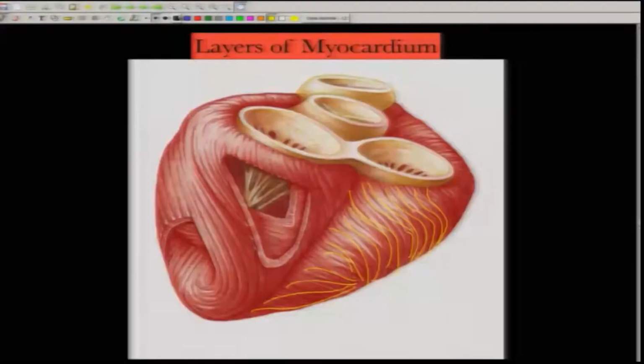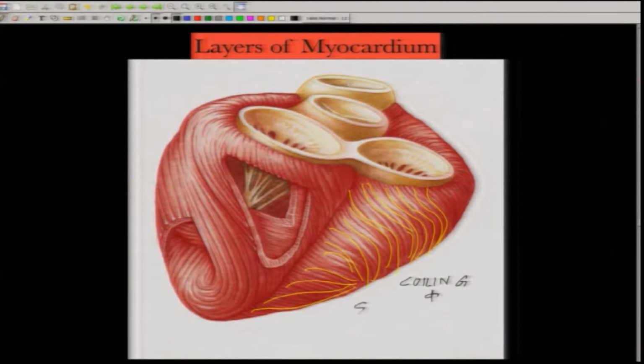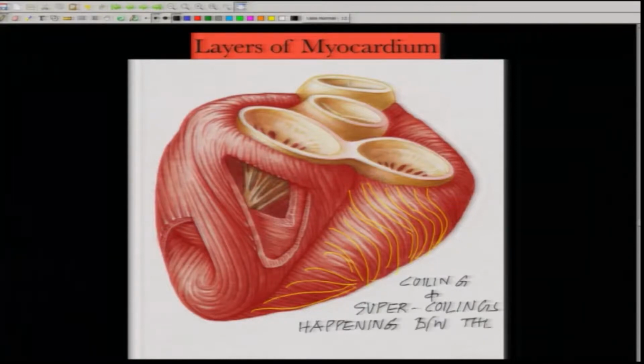So, there is a lot of coiling and supercoiling happening between the muscle. And this coiling and supercoiling, what you essentially see, is an extremely coiled and extremely complex structure. That is what gives you a very interesting, rigid architecture of the heart.